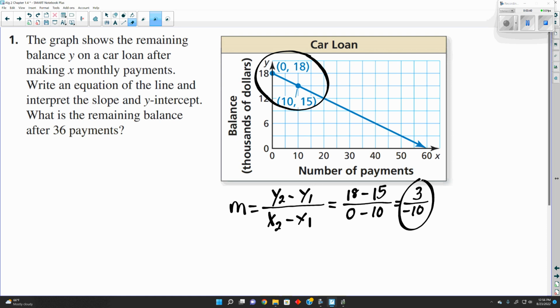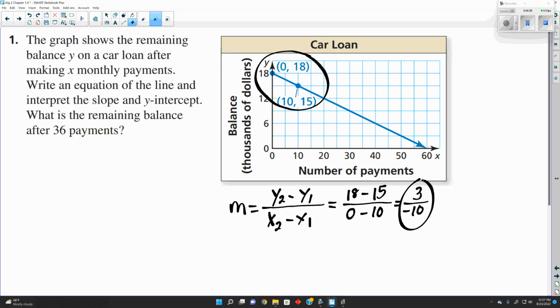If this was a positive slope, and this is actually what you're paying on your car loan, someone really tricks you bad. Because if you have a positive slope on what you're paying off on a car loan, that means you're increasing the balance of what you owe. You don't want to increase the balance on a car loan or any loan. You want it to go down. You want it to decrease.